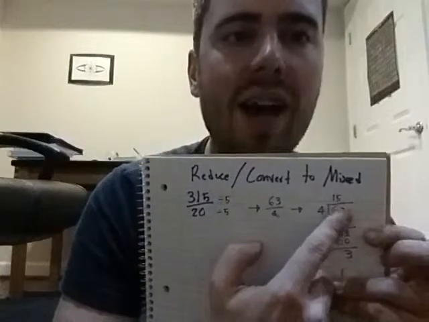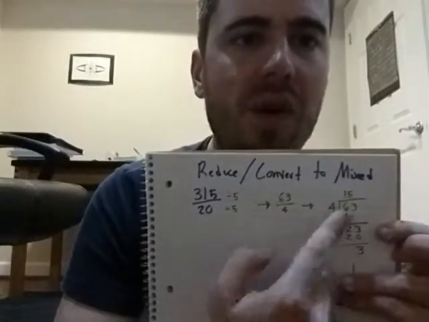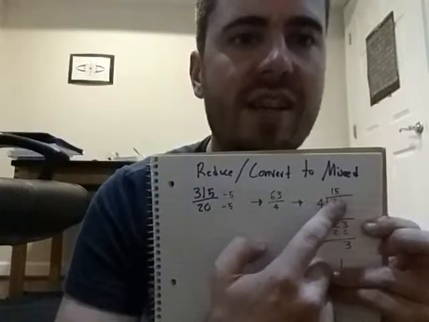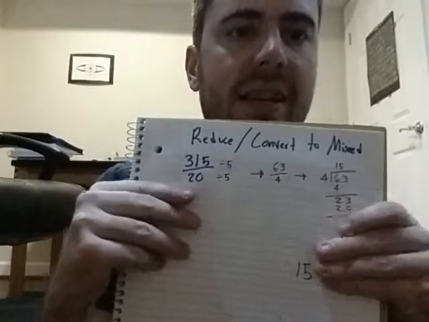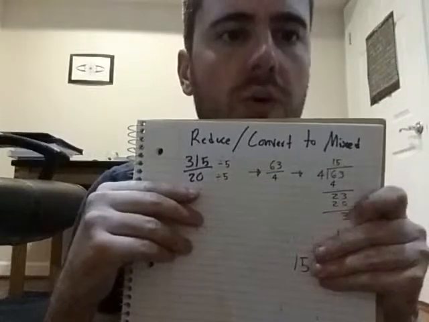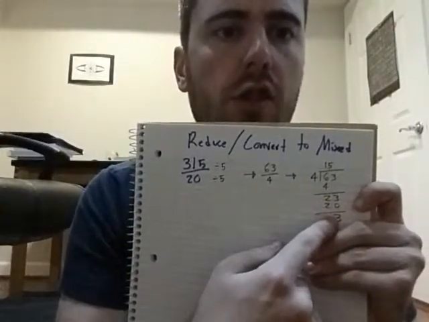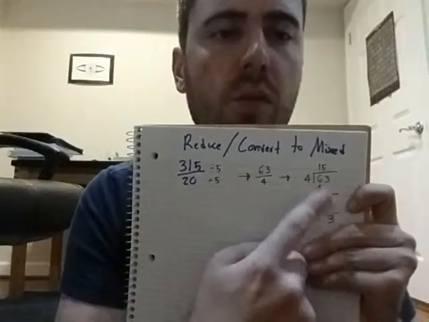So out of 63/4, I know I'm going to get 15 wholes. I'll write that down here as my 15 wholes. But also, I got a remainder of 3, and we were dividing by 4.